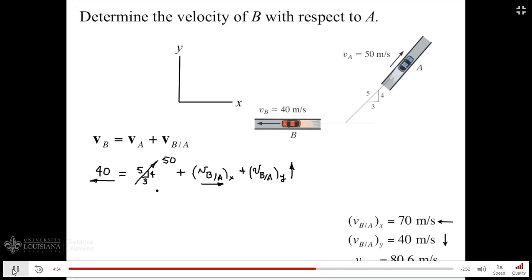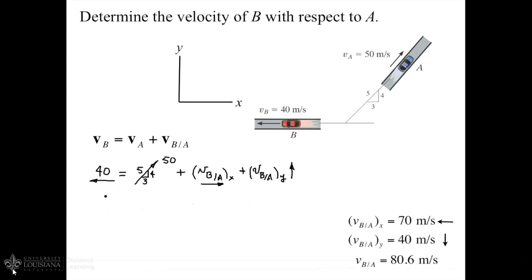Now I'll resolve all the terms in the x direction, and we'll write a scalar equation in that direction. So here I have minus 40, and I set that equal to 50 times what? 3/5, right? Here, of course, I have plus v of B with respect to A, and this is in the x direction.